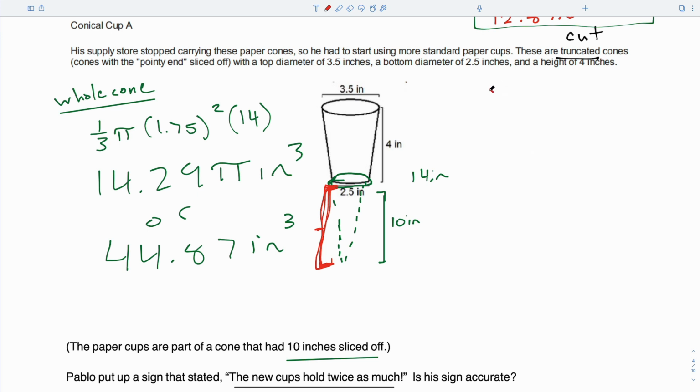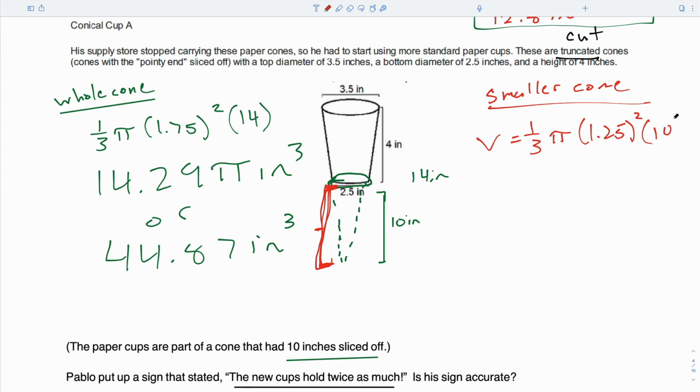The volume of the smaller cone is going to be 1/3 pi, the radius is half of 2.5, times the height. What's the height of this one? 10 inches. Okay, so that's the smaller cone that was cut off.